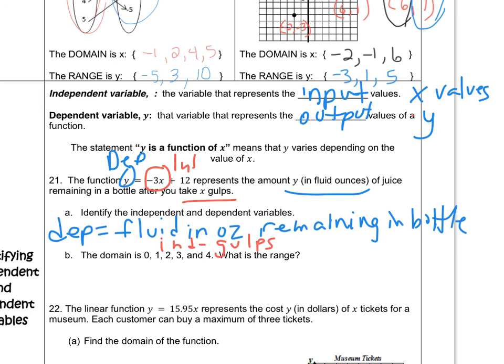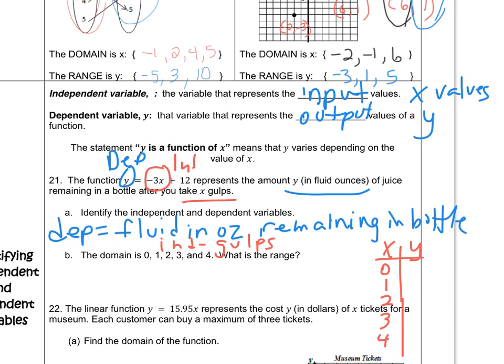Okay, so it's given us our domain, our input values, and it's asking what the range is. So it's asking us to take a table with our input and our output, going 0, 1, 2, 3, 4. That's the number of gulps, and we're going to put it into that equation, -3x plus 12.